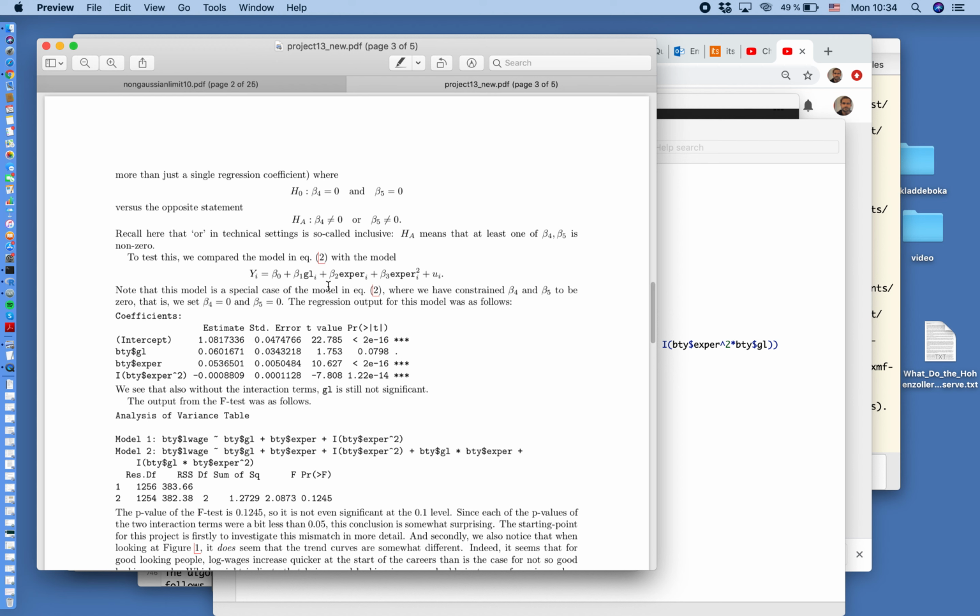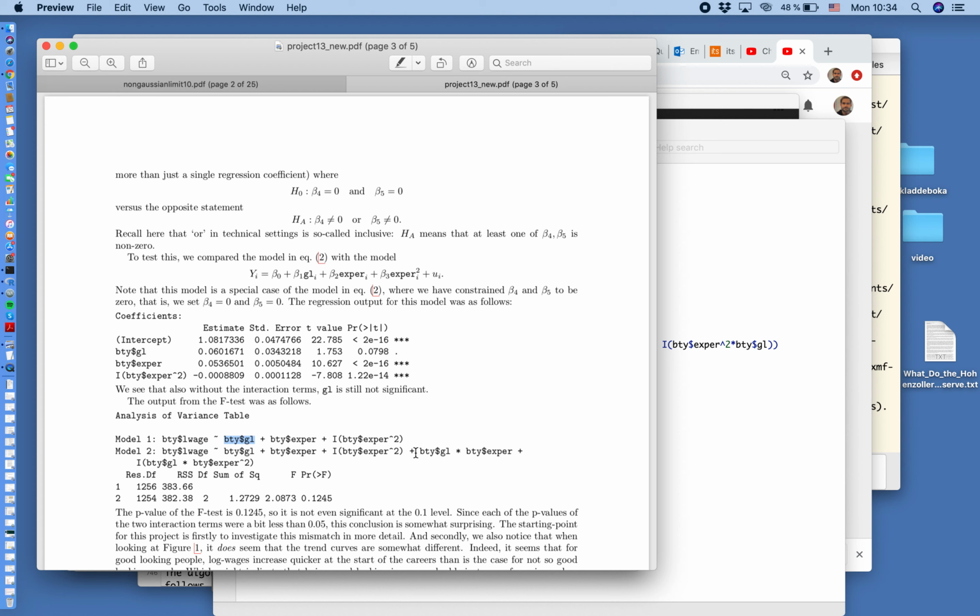So the important thing is that they both allow for the intercept to differ between the two groups. And they also let the effect of experience differ.